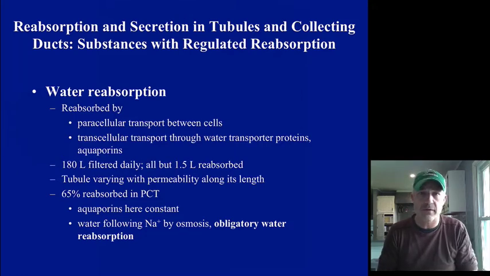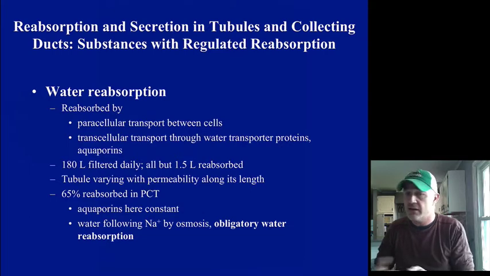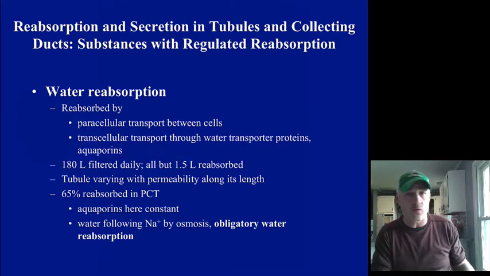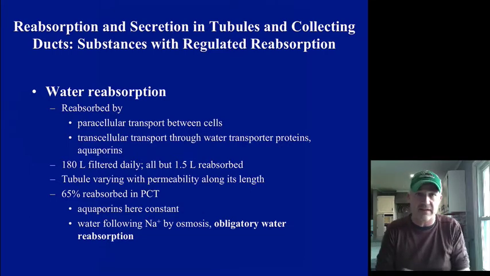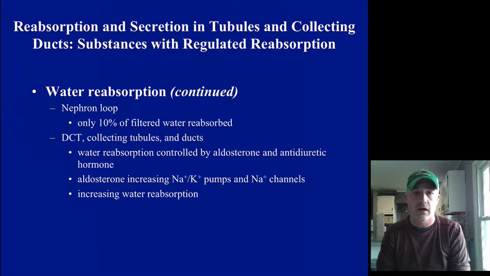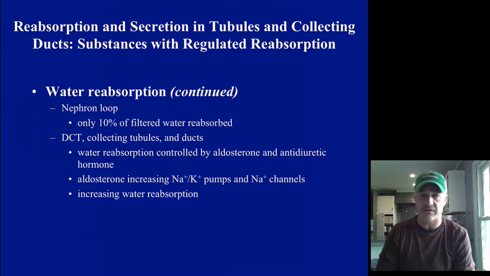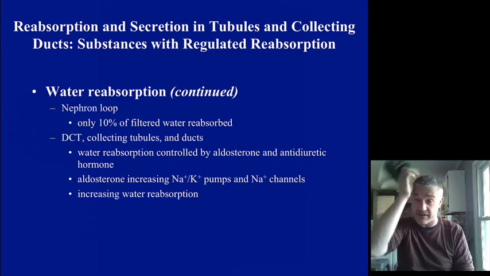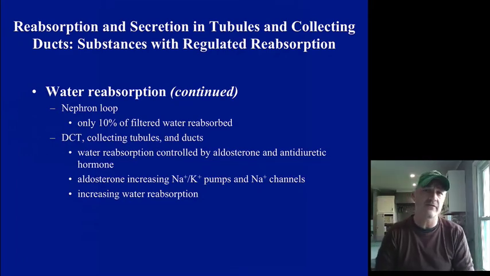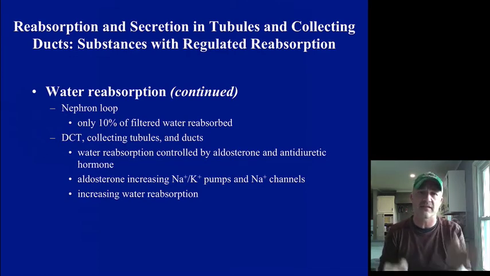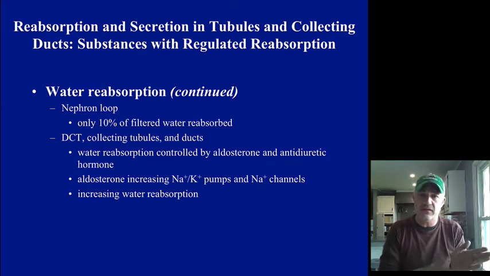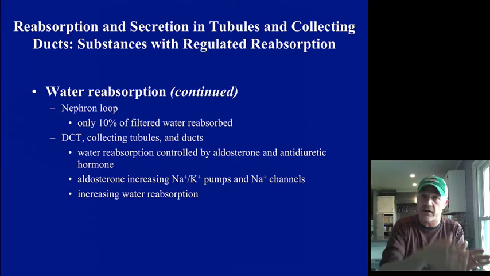Depending on where we're at, most of this is reabsorbed in the proximal convoluted tubules. There are lots of aquaporins here, and it follows the sodium reuptake we're doing. The water is just following it based on osmotic gradients. As we get into the nephron loop, about 10% more of the water is reabsorbed there. We'll talk about this in the next one, but we have differing permeabilities of salt and water on the ascending and descending loops, and we can use that to get what's called a countercurrent mechanism, which allows us to pull more and more water out as we go down.